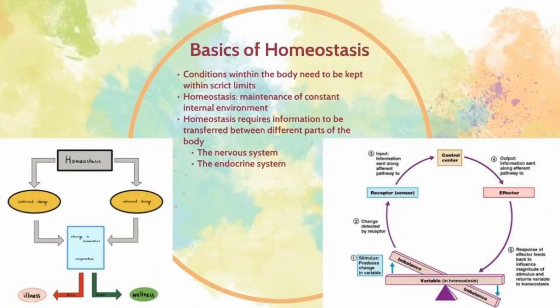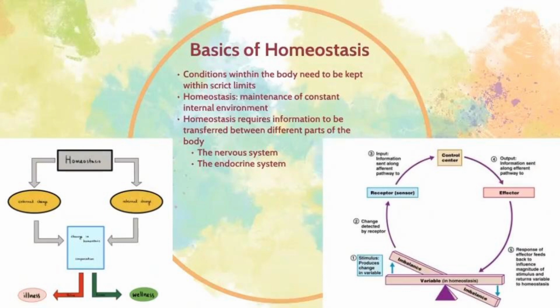Once it's reached the control center, an output is sent to the effector. The effector then brings about a change to counteract the initial imbalance that the receptor detected. The effector brings back the variable to the correct range that it should be in.